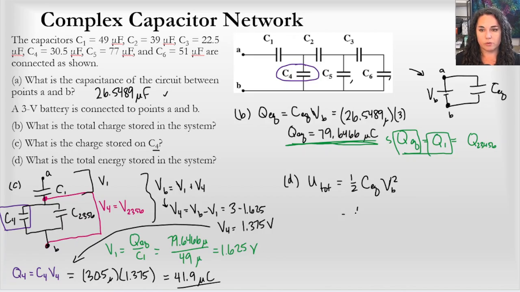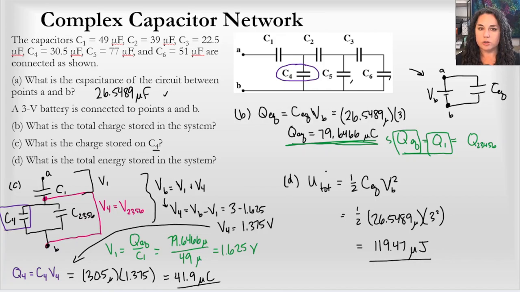I would just do it that way. One half times 26.5489 microfarads, and the voltage on the battery is 3 squared, and that will give you a total energy of 119.47 microjoules on that circuit.